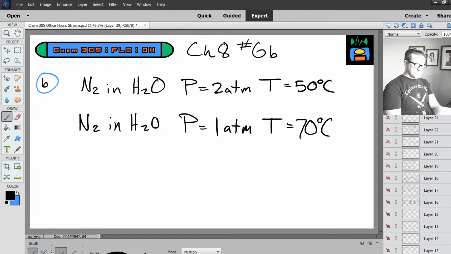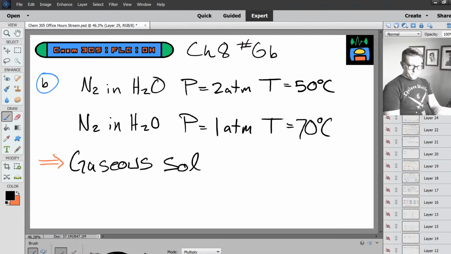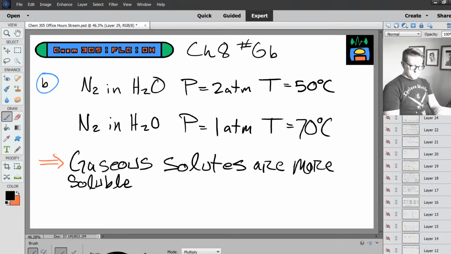All right, here's the key to this one. Gaseous solutes are more soluble at high pressure and low temperature.